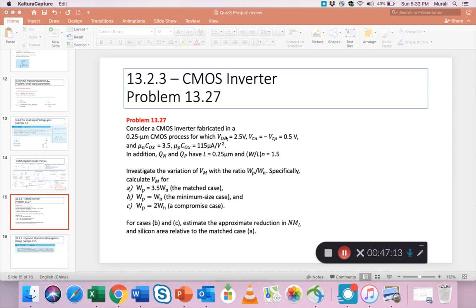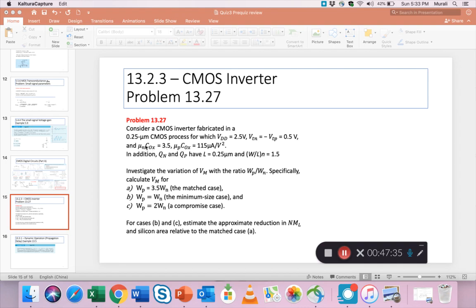Along with that, we are given the VDD, the bias voltage. We are given V threshold N and V threshold P, both equal to 0.5 in magnitude. Of course, VTP will always be negative, but in magnitude they are equal, and that kind of simplifies calculations later on.